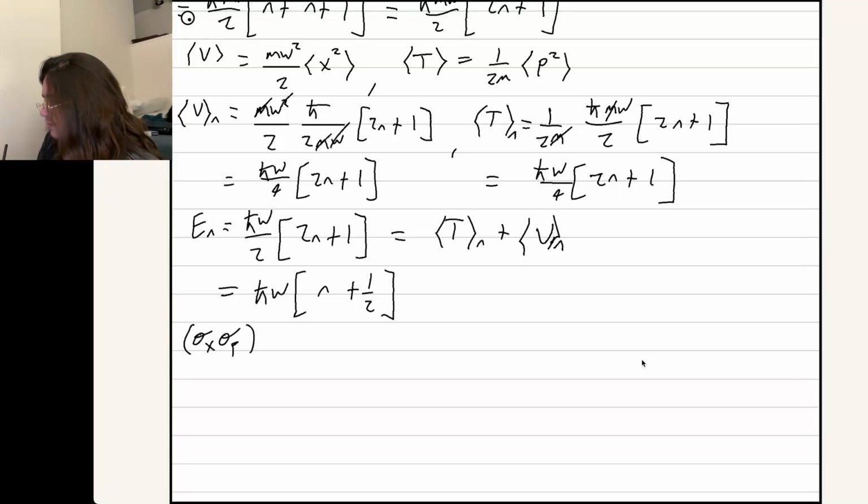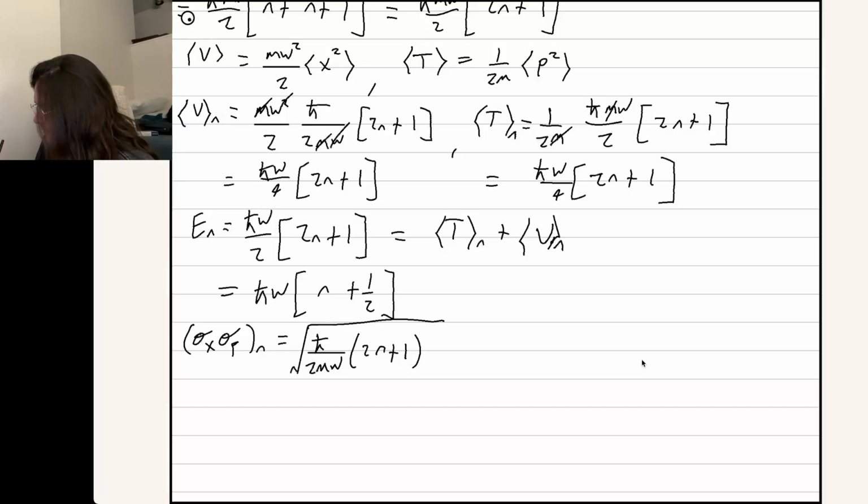We can also look at the uncertainty principle for any particular state n by multiplying together our values. So we have that the expectation value of x squared was h bar over 2m omega times 2n plus 1. And then for p squared, it was h bar omega times m over 2 times 2n plus 1 again.